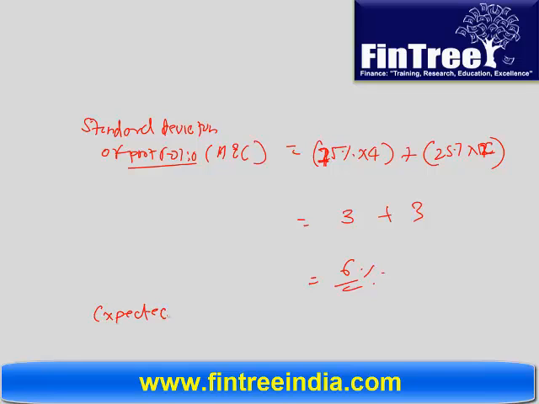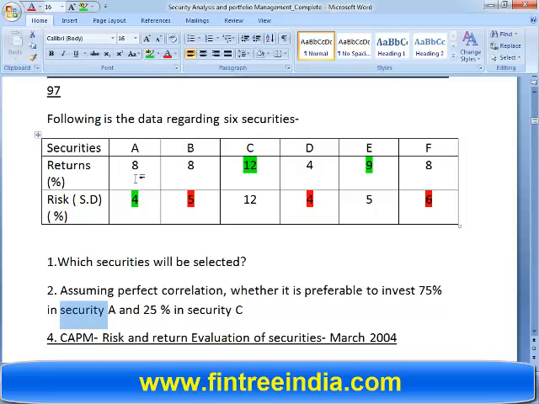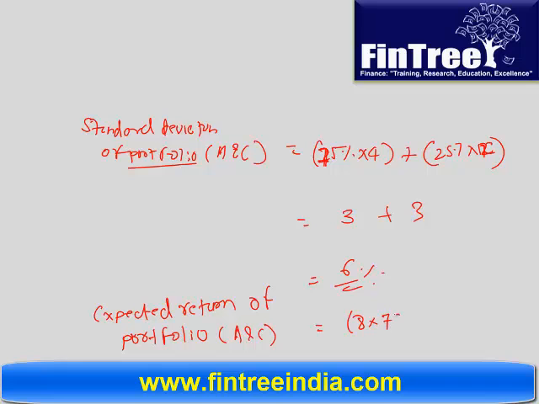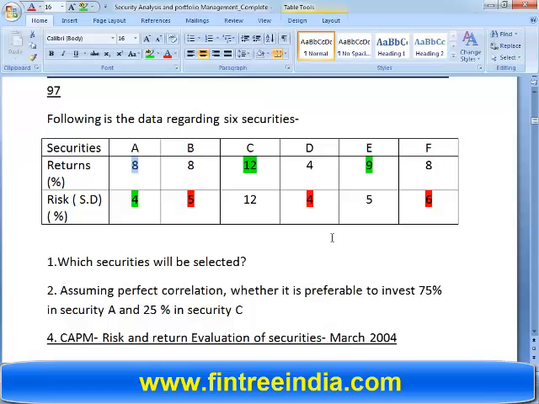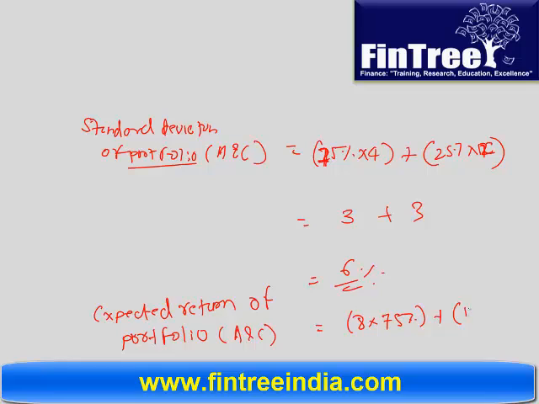Then below that say expected return of portfolio. Below that write down expected return of portfolio, again A and C, is equal to, again the logic would be same, 8 into 75% plus 12 into 25% is equal to 9%.